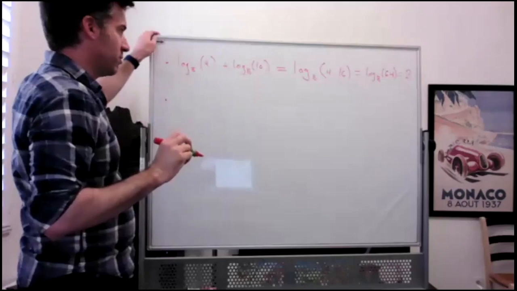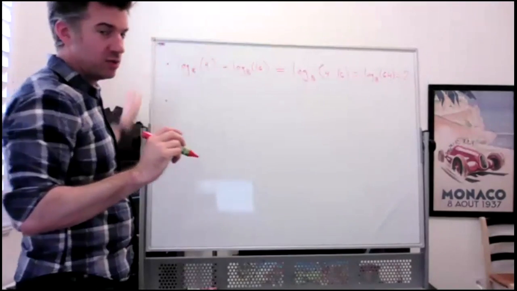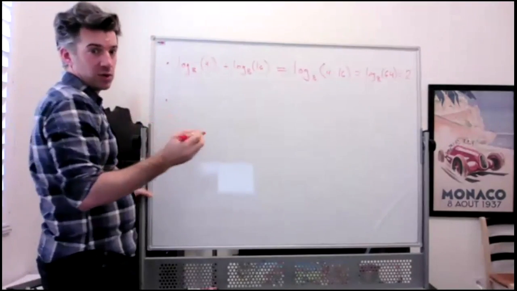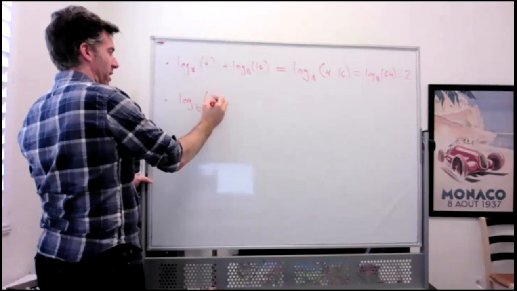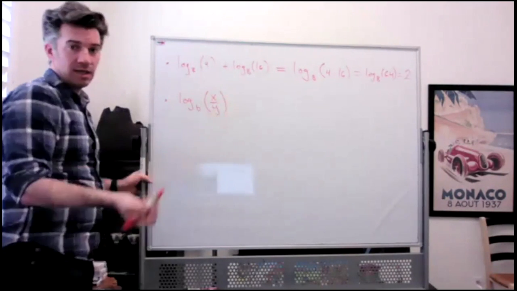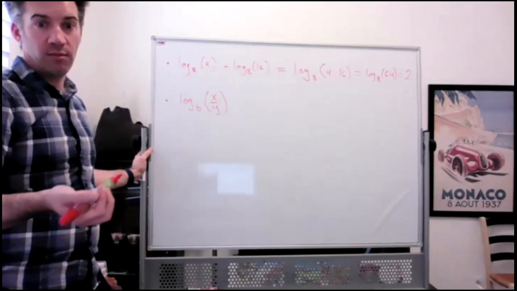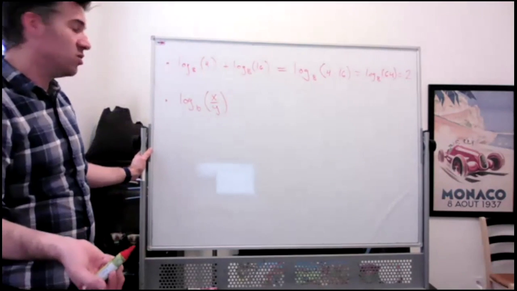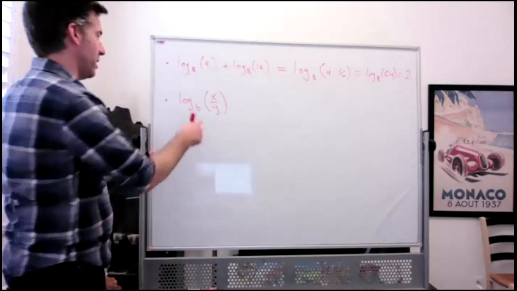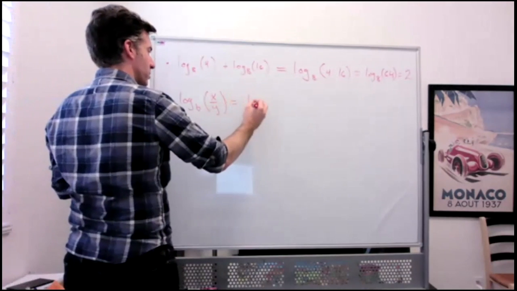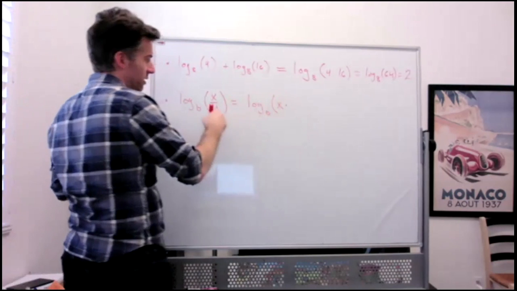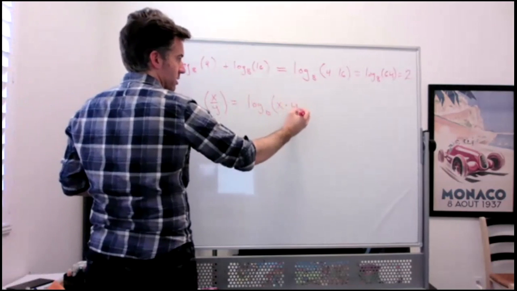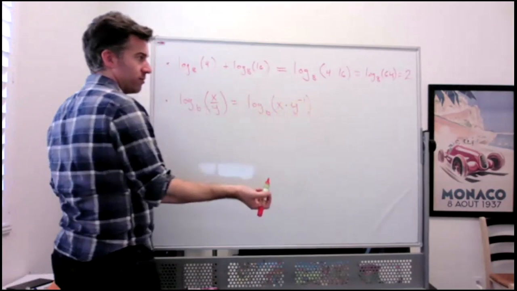Specifically, for the other two rules. If you're looking at the quotient rule, log base b of x over y equals log base b of x minus log base b of y. You can really see it by rewriting it as log base b of x times, I bring this y up, y to the negative 1.